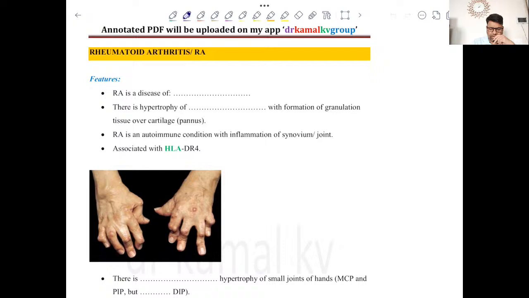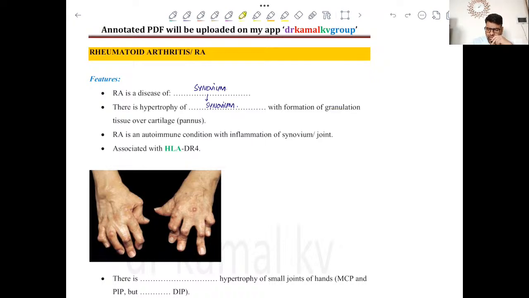Now, this condition is a disease of synovium. The pathology is that there is hypertrophy of synovium, and this is associated with formation of granulation tissue over cartilage, right?